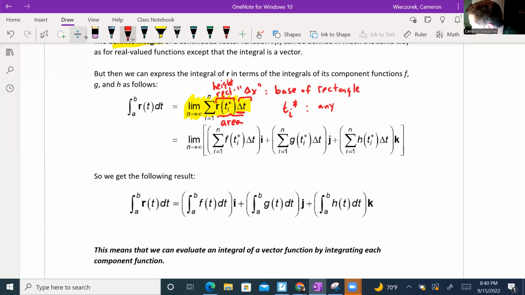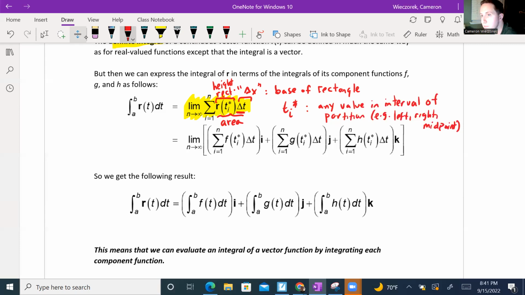So I'm just going to put any value in the interval of the partition that you choose. Most famous types to pick would be a left endpoint, a right endpoint, or a midpoint. But it doesn't have to be. It could be some point that's 2/3 of the way to the end of the interval, or 1/3 of the way from the start of the interval.